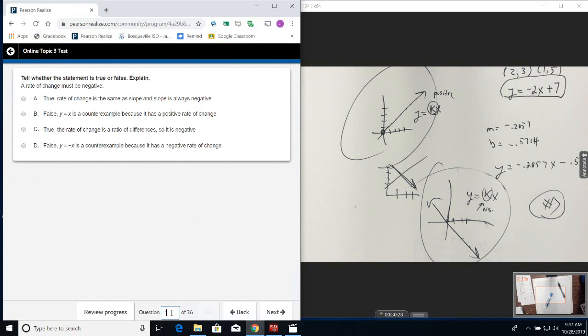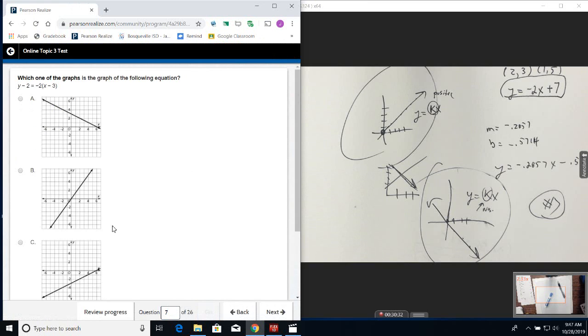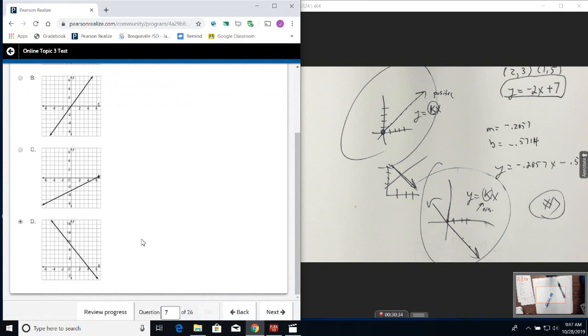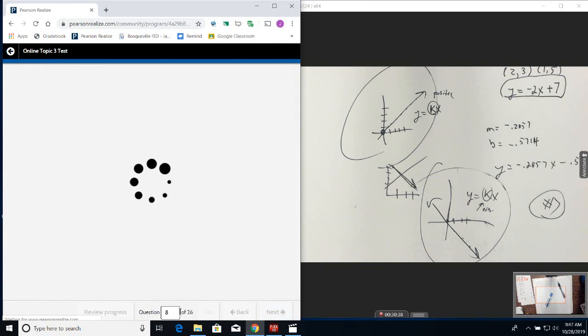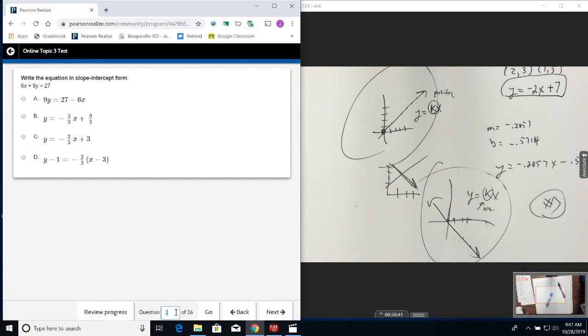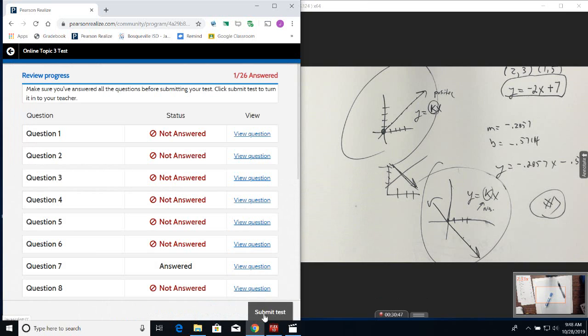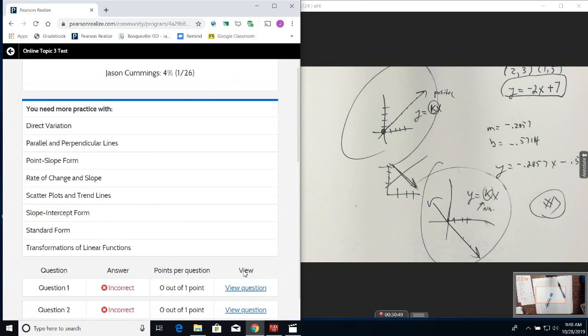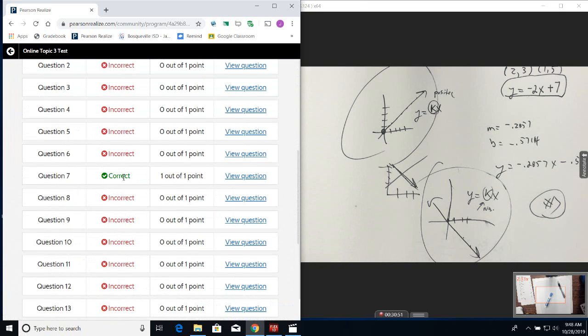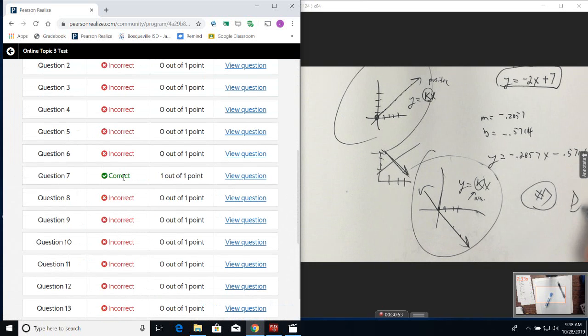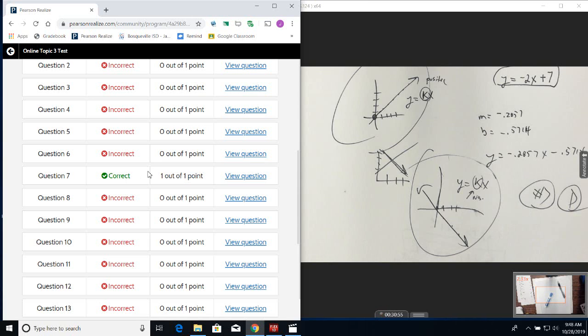Let me just put D and see what we get. So that way you'll know what to put and you won't miss it. Let me go to 26. And it's wrong, but you should get credit for it if you put D, because it's the only one that has a negative slope. Yeah. So 7, just put D as an answer. Okay? So D and you won't miss it.